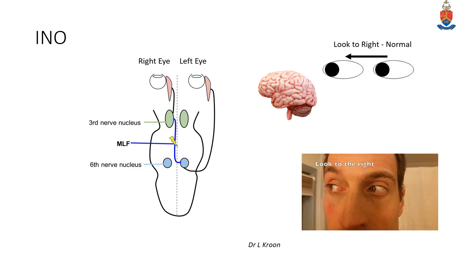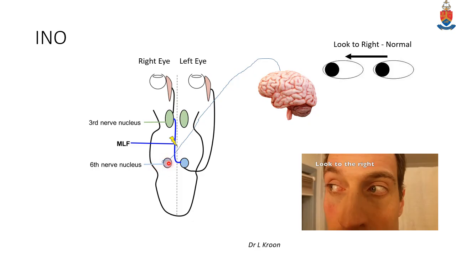Alright, let's review this topic one more time. So in this case, we're asking this patient to look to the right. So you can see there's normal conjugate eye movements to the right. So let's quickly see what happens. So we've got the left frontal eye fields that are still intact. And this is going to shoot fibers via the anterior limb of the internal capsule as well as the cerebral peduncles to the right PPRF 6th nerve nucleus complex.